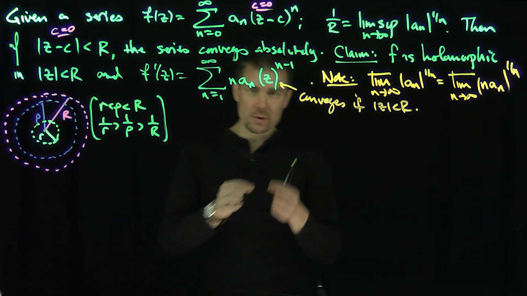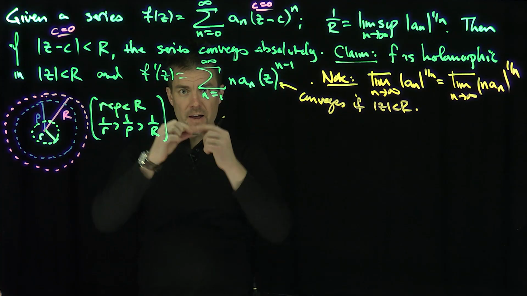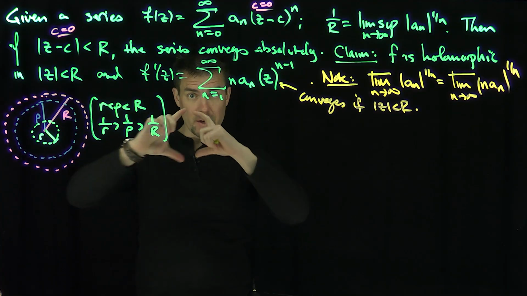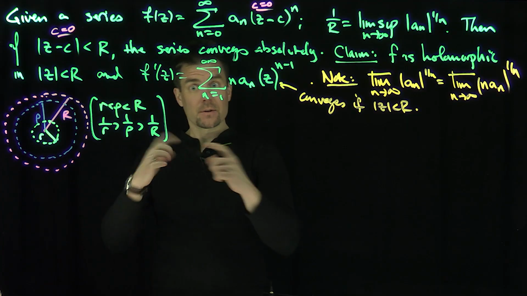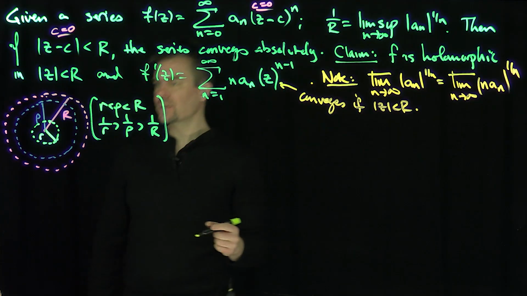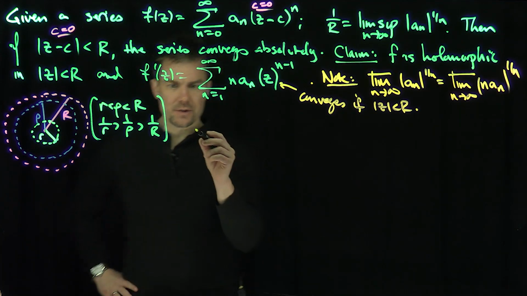So you first find z and w in the disk, then you draw a circle of radius little r around them. Then there's still a little annulus left over, and you can squeeze a circle of radius rho in between in that annulus. That's a property of open sets in the complex plane, okay? Excellent. And so now what's the idea? The idea is that, let's consider this difference quotient.